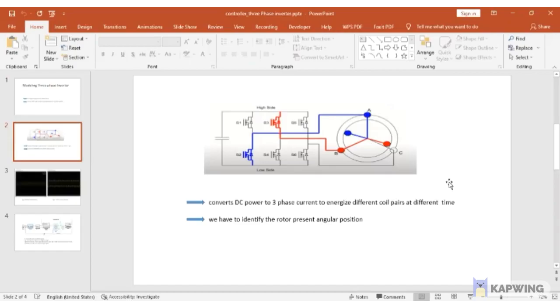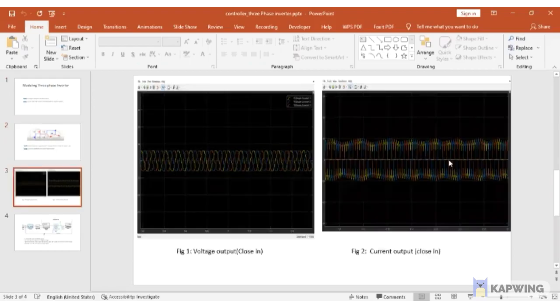To do that, we have to identify the rotor's present angular position, which can be done by getting signals from the Hall effect sensor, which will be explained by my other project partners. And this is the output voltage and current when we applied the three-phase inverter to the BLDC motor.